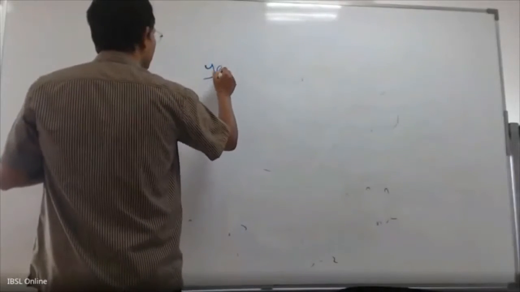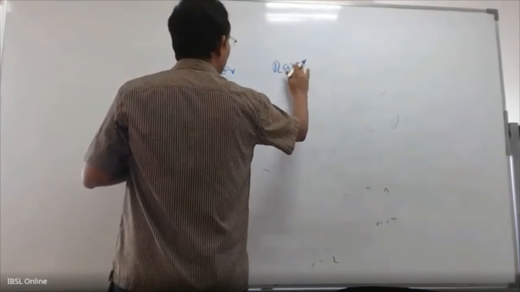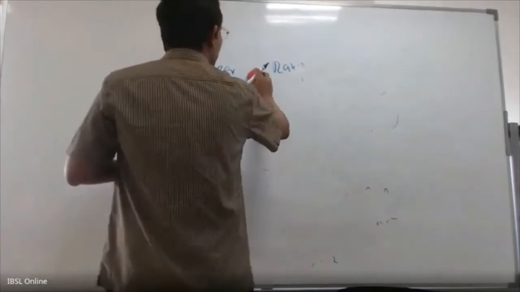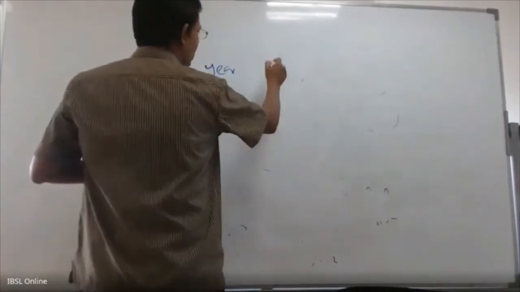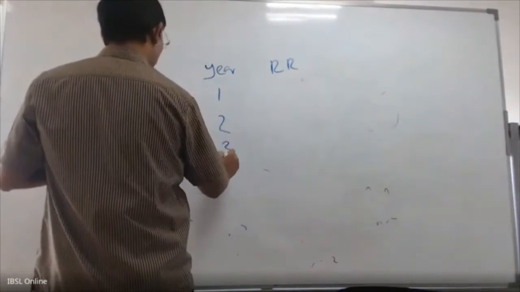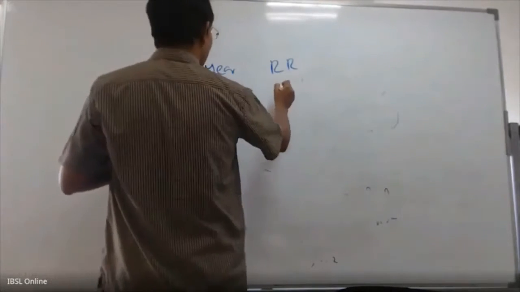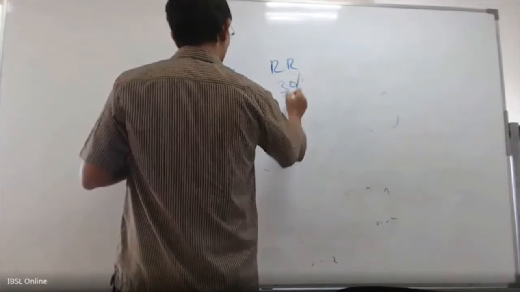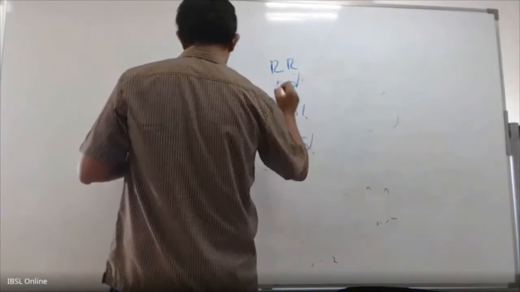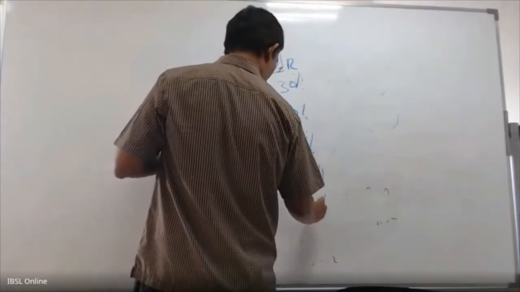This is year, and this is rate of return. Year 1, 2, 3, 4, 5. Here you have 30% rate of return, here 10%, here minus 5%, here 40%, and here minus 12%.